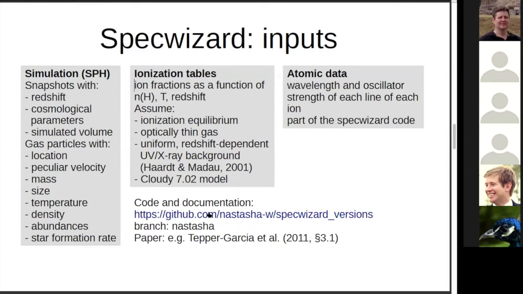So for the code and documentation, this is on GitHub. There is a description in, for example, this one paper. There are a few others that have descriptions as well. This is a code that's been passed through a few academic generations. I've used it for some specific things, and I know how to use it for those, and that's documented well.